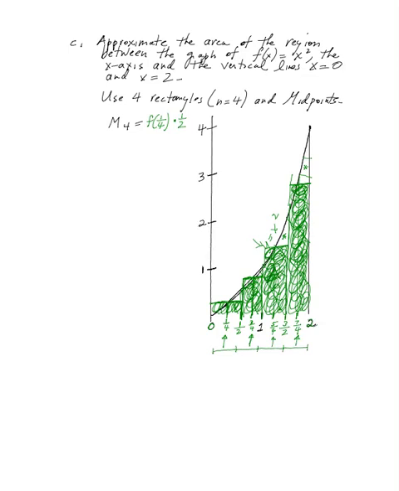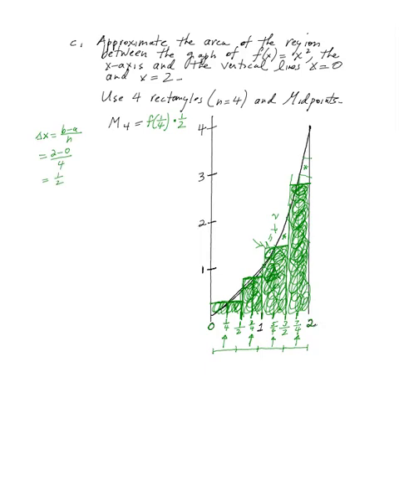Again, the width of your subintervals is always delta x, which is b minus a over n, which is 2 minus 0 over 4 in this case, or a half. Okay, that's my first rectangle's area.